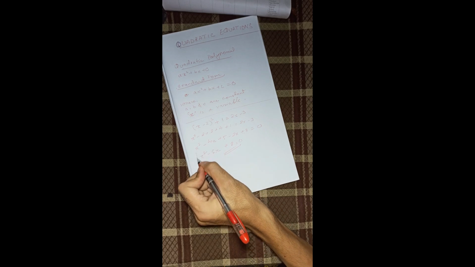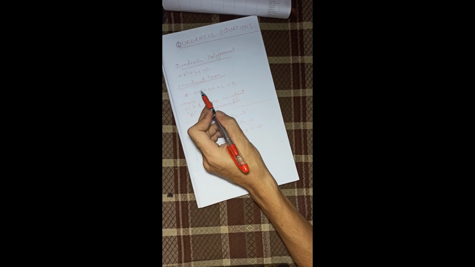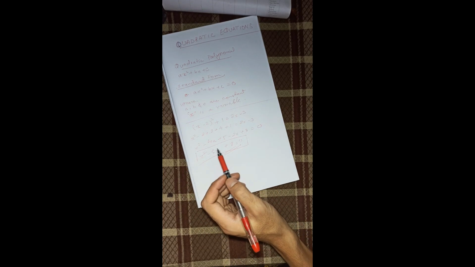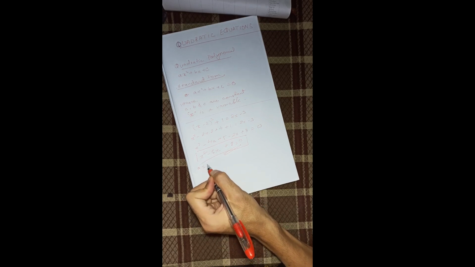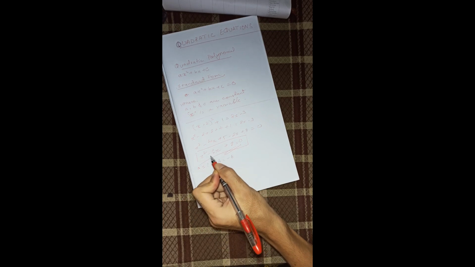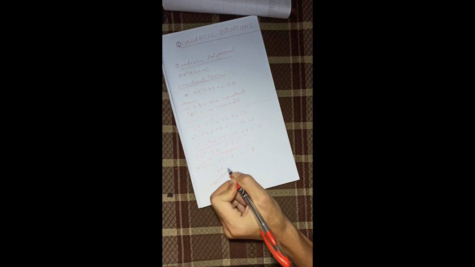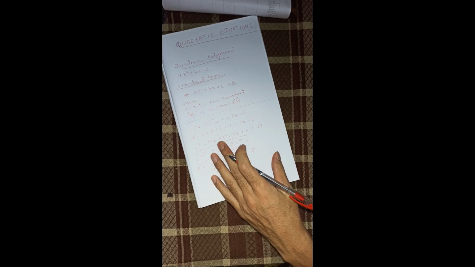So yes, this is of the form ax squared plus bx plus c. So what will be a here? A equals to 1, b equals to minus 6, c equals to 8. So yes, this is a quadratic equation.